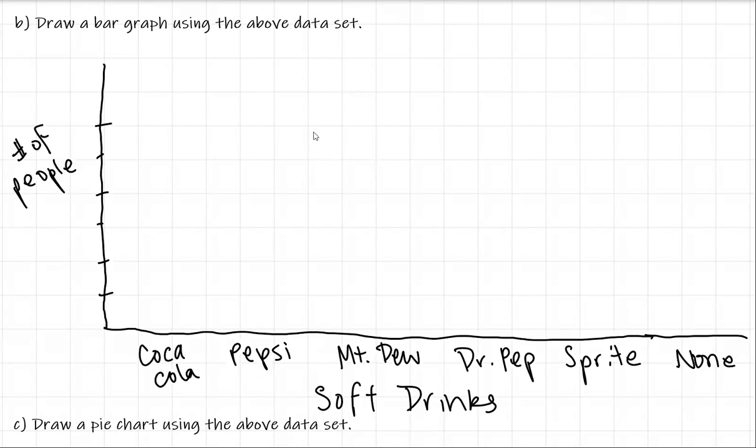And then now we also need to make sure we're labeling the values as well. You can scale the vertical axis however you see fit. Like I decided that I wanted to do it by twos. If you were smart enough or smarter than me, you would have drawn it a little bit higher, and that way I could use each of these little boxes as ones, but it doesn't really matter. You just got to be careful.